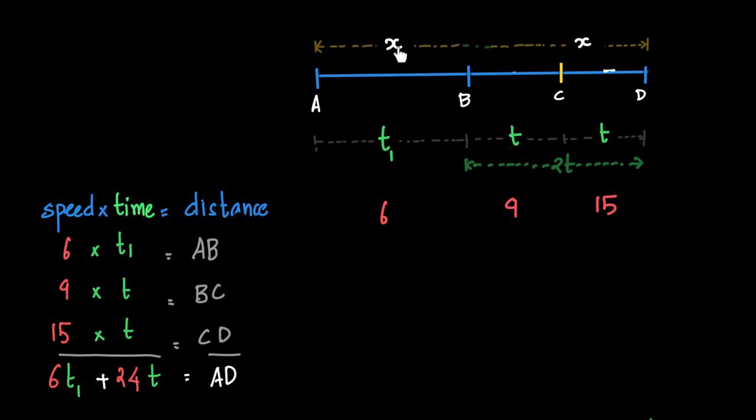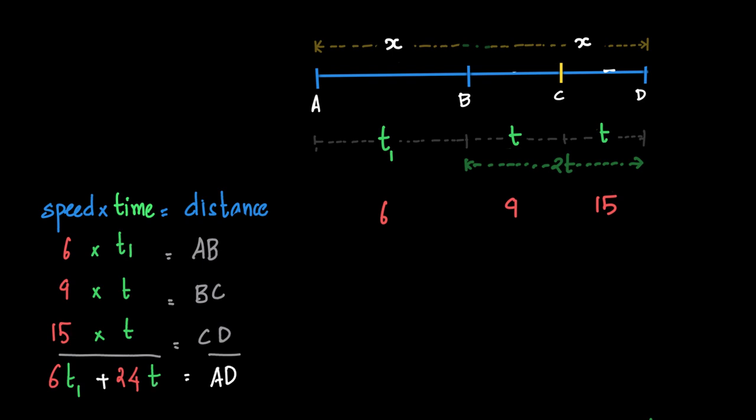AB is equal to X. So we have X is equal to 6t1, BC is equal to 9t, CD is equal to 15t. Now add these three equations. What do we get? AB plus BC plus CD is the total distance, and 6t1 plus 9t plus 15t is 6t1 plus 24t.